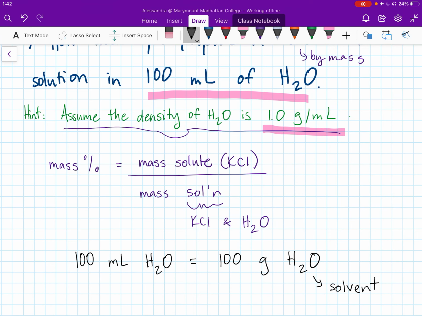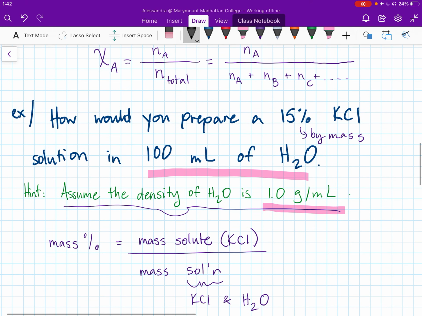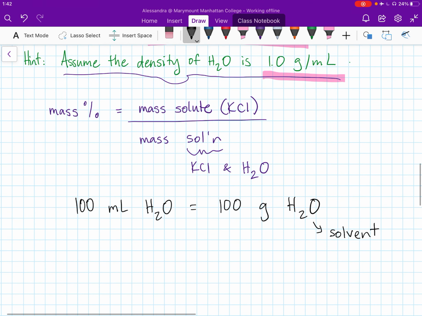Now, the only other thing I know is the mass percent, the 15% KCl. So that mass percent value of 15%, I'm going to express it as 0.15, is going to be equal to the mass of the solute, which I don't know yet. That's what I'm trying to figure out.